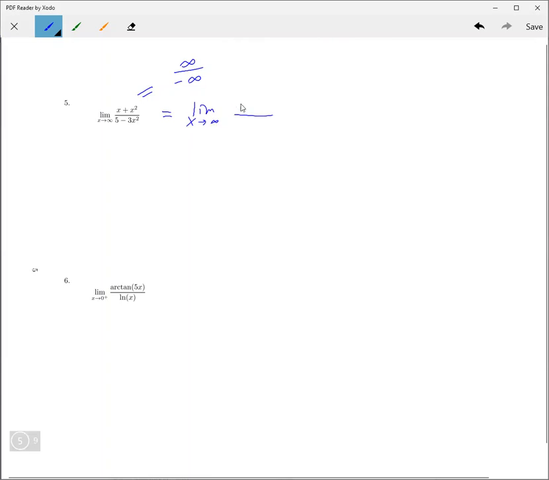Let me just show you really quickly how you do it without L'Hopital's rule. I've already showed you how to do these ones, but probably a lot of people forgot. Then we'll do L'Hopital's rule. If you multiply everything by 1 over x squared, just a fancy form of 1, and distribute that in, then in the numerator we have 1 over x plus 1, and in the denominator we have 5 over x squared minus 3.